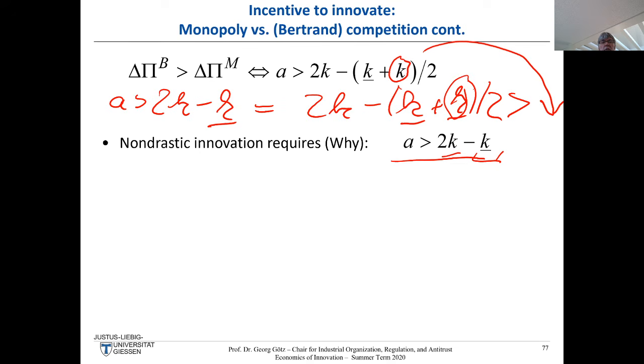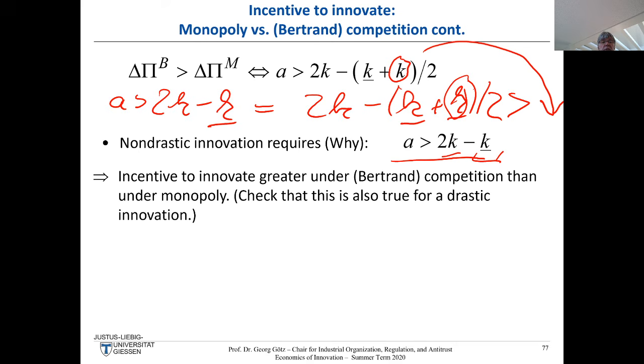And so summing up again, the incentive to innovate is greater under Bertrand competition than under monopoly. And this is also true for a drastic innovation. There it's even simpler, because under drastic innovation, both the firm under Bertrand competition and the monopolist earn the monopoly profit afterwards.